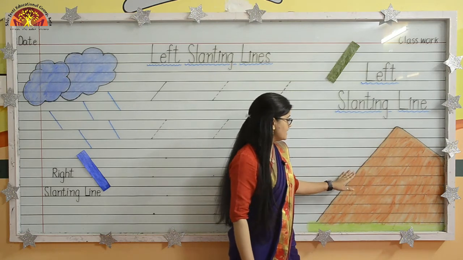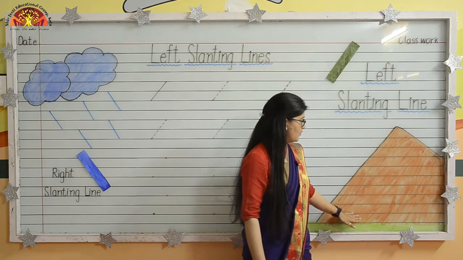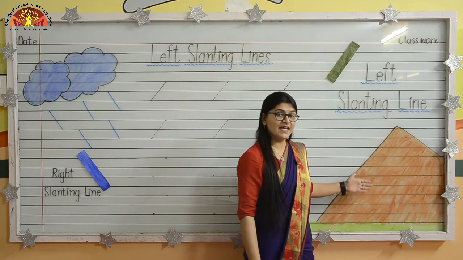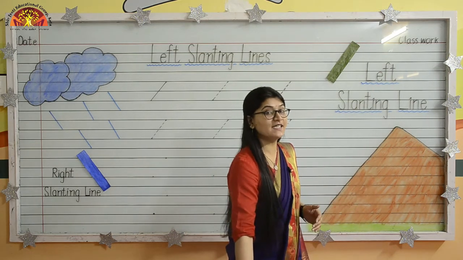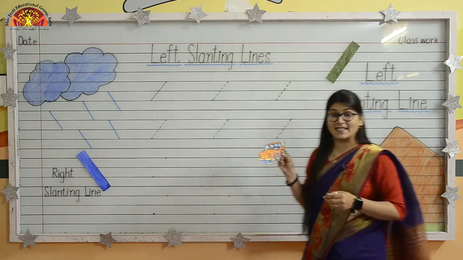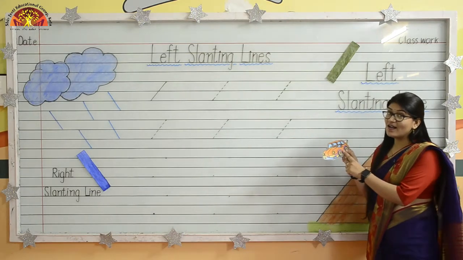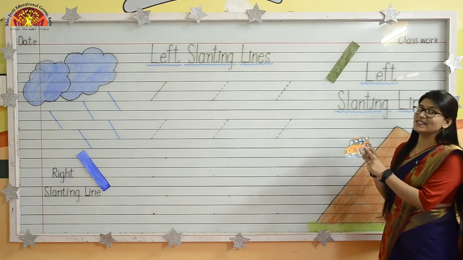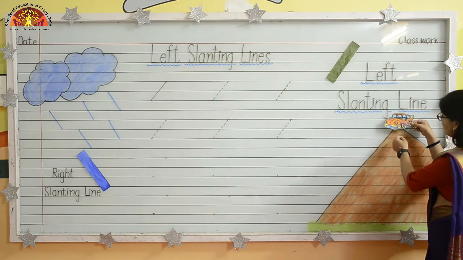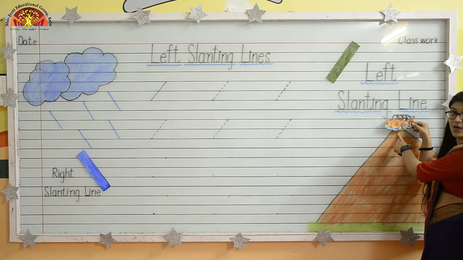Now kids, as you can see on board, tell me, what is this? This is hill. And what is this? This is a car. So this car is here right now.